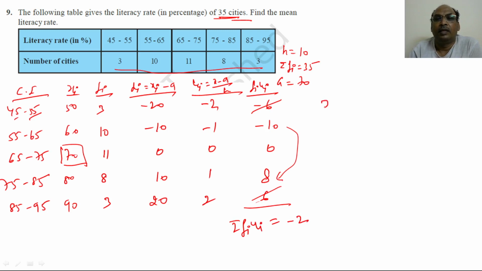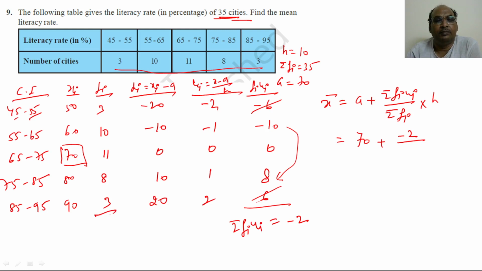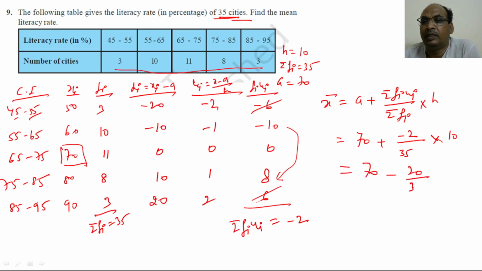Then x mean is equal to A plus sigma Fi Ui by sigma Fi into H. A is 70 plus minus 2 divided by sigma Fi, which is 35, so 35 into H. H is 10. So now it has become 70 minus 20 by 35.